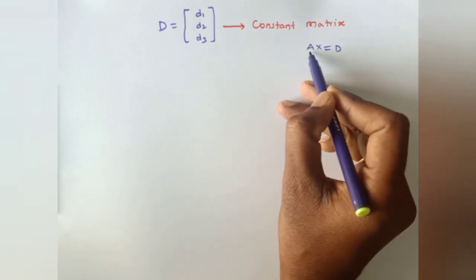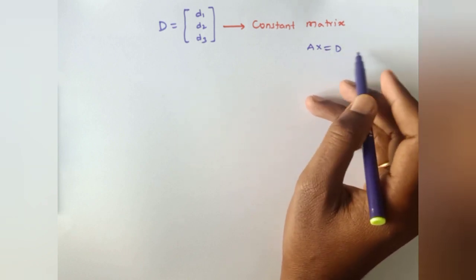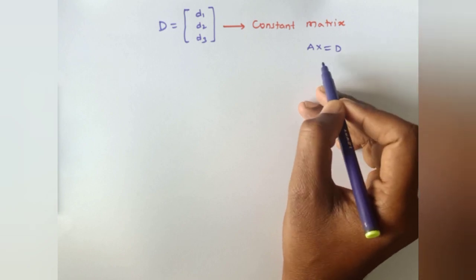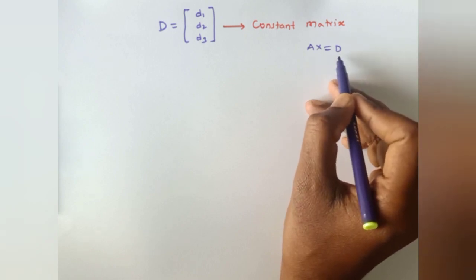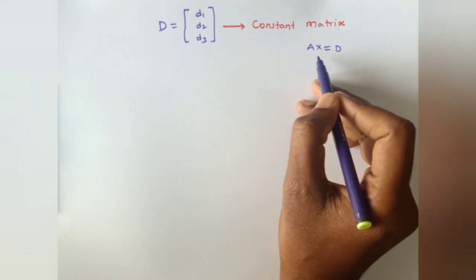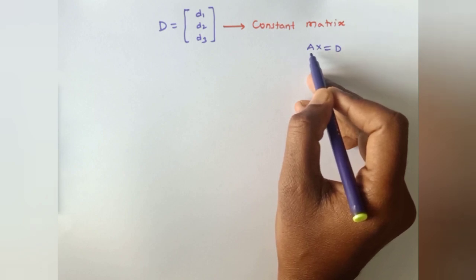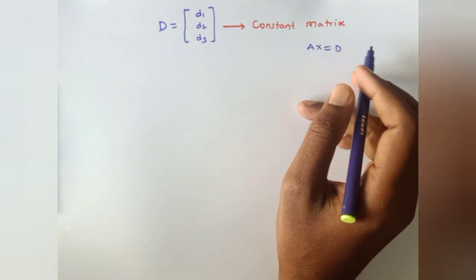So just remember, A is the coefficient matrix and X is the variable matrix and D is called the constant matrix, since D contains the constants of the given equation. X is the variables which are present in the given system and A is the coefficients of x, y, z.